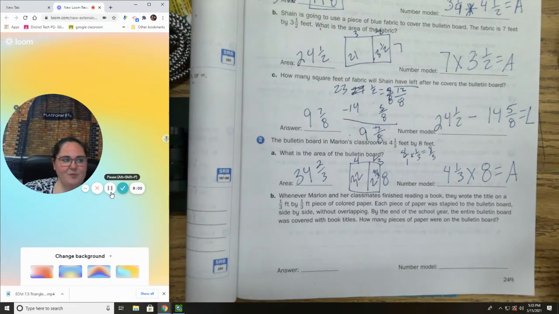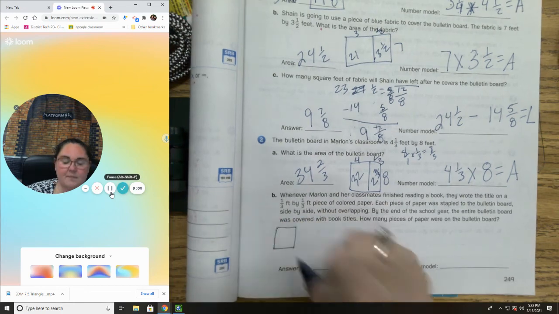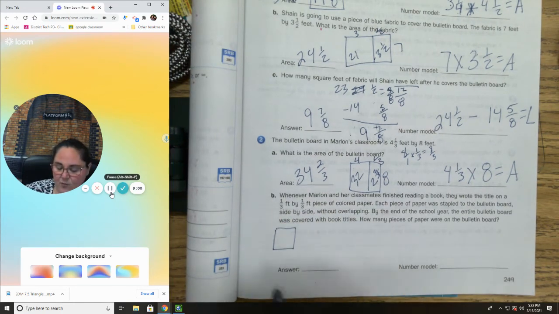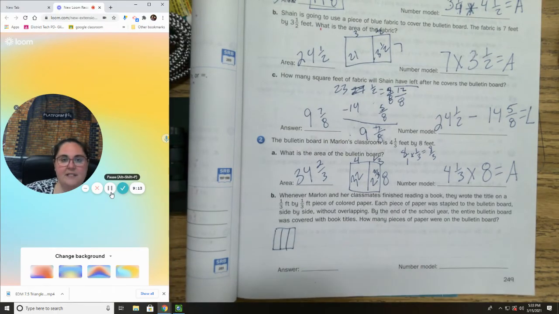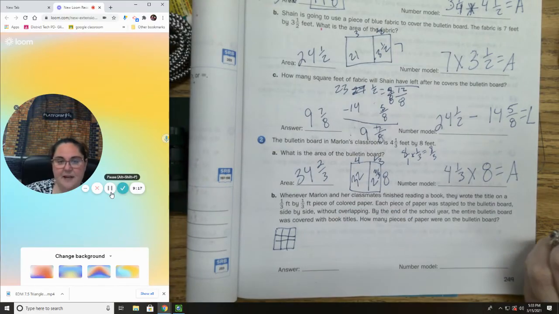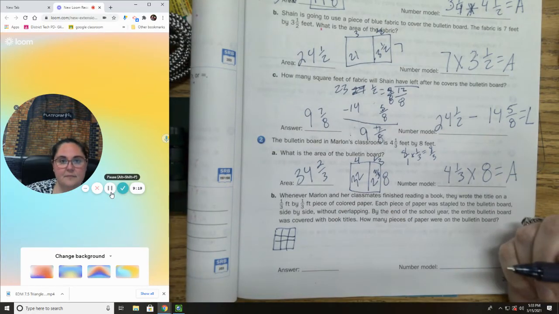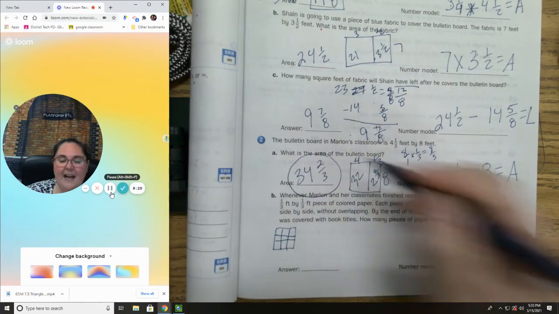All right, let's talk through this strategy. So the first thing that I would do is I would think about 1 foot. If I have 1 foot, I know that I need 3 of them to go across to make a foot, and 3 of them to go up and down to make a foot, right? So this is how many square feet of tile I have.